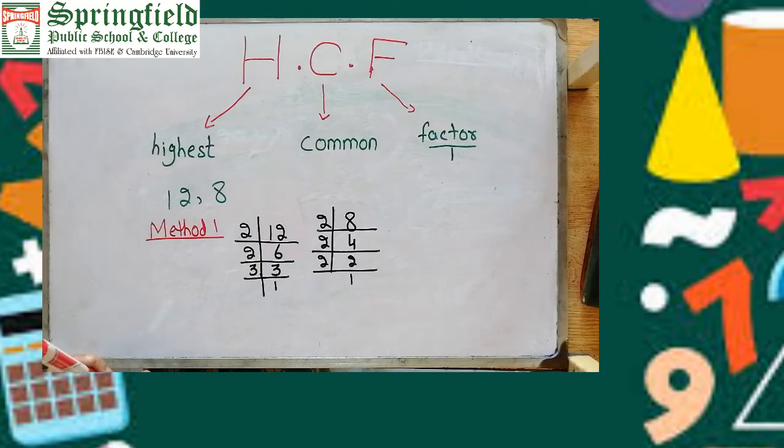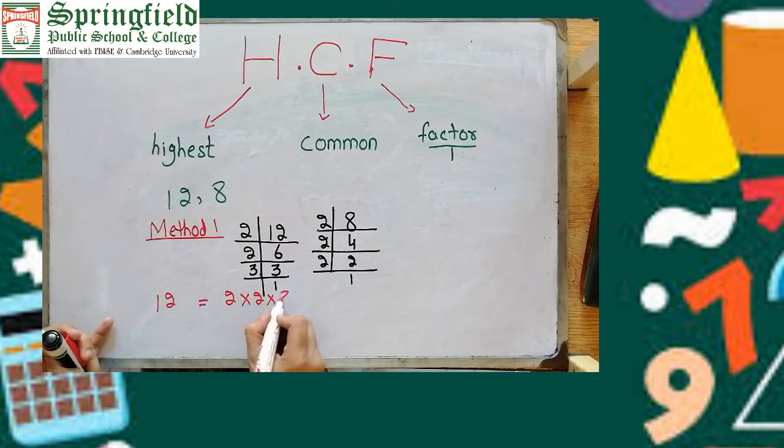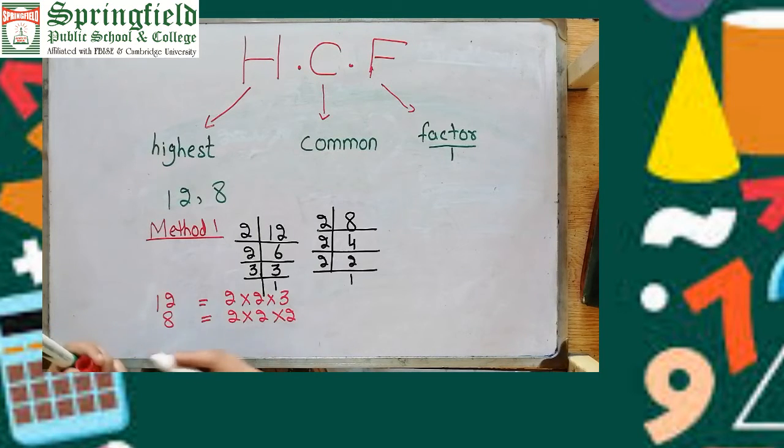Now write down the factors of 12 and 8 one by one. So the factors of 12 are 2 multiply 2 multiply 3. Then write down the factors of 8: 2 multiply 2 multiply 2.